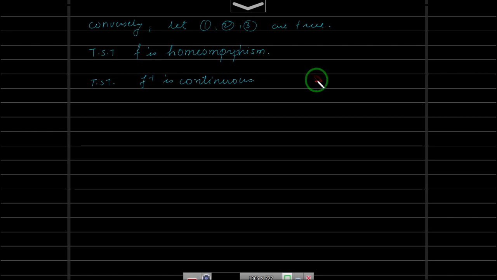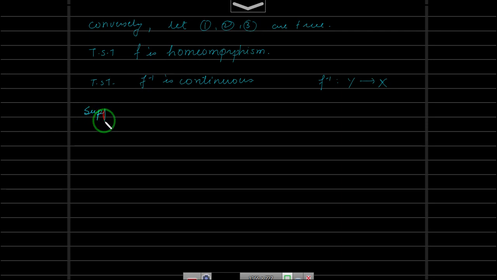Remember, f inverse is a function from Y to X, and to show that this is continuous, we need to take an open or closed set in X and show that the inverse image of that will be open in Y. The third point says it is an open or closed map, so let us assume that it's an open map.